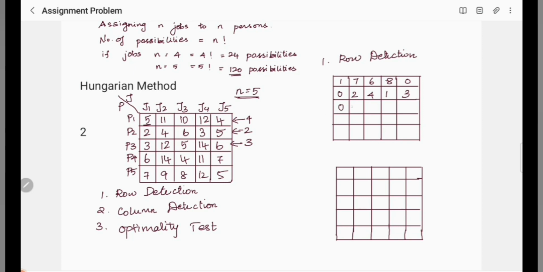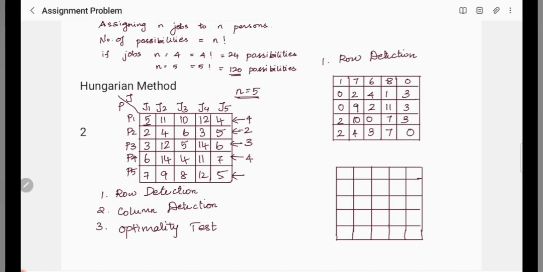So 3 minus 3 is 0, 12 minus 3 is 9, 5 minus 3 is 2, 14 minus 3 is 11, 6 minus 3 is 3. In the next row, the minimum number is 4. So 6 minus 4 is 2, and then 10, 0, 7 and 3. Consider the next row, where the minimum number is 5. So it is 2, 4, 3, 7 and 0. That's it.